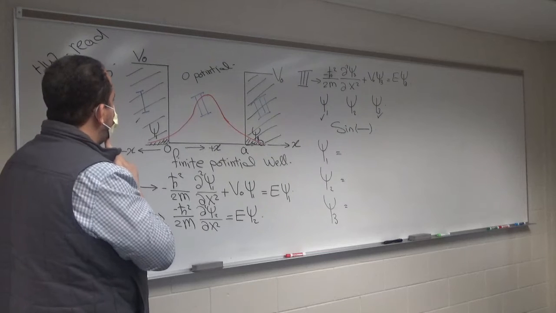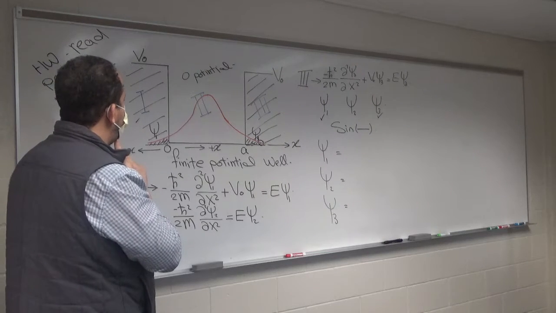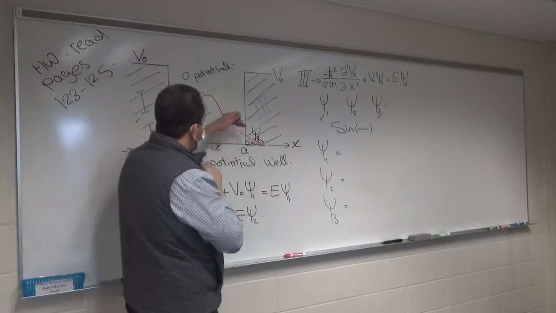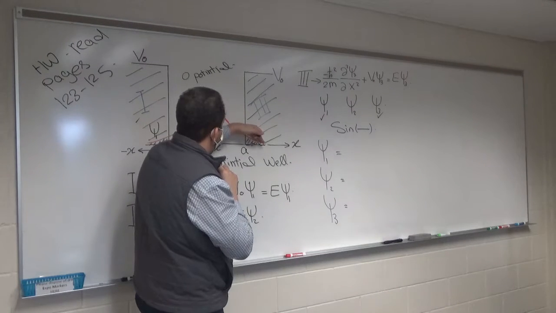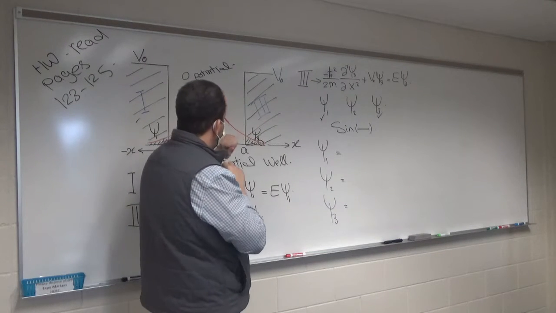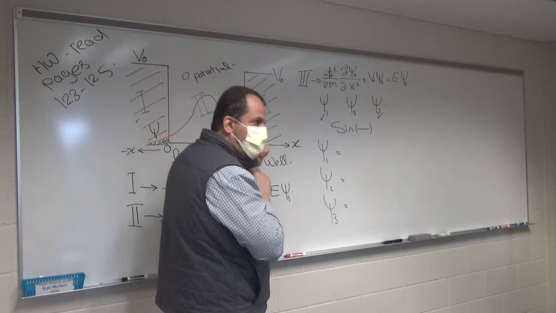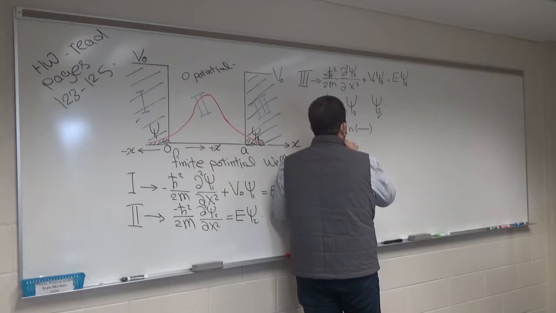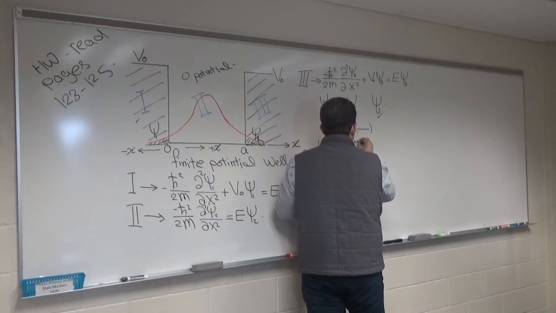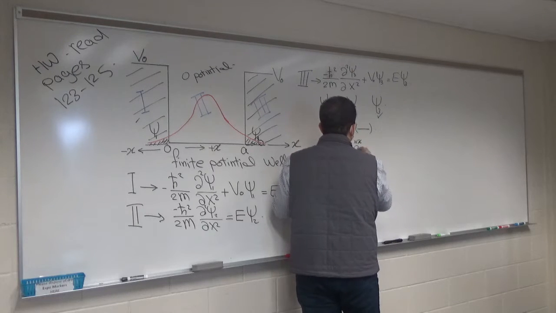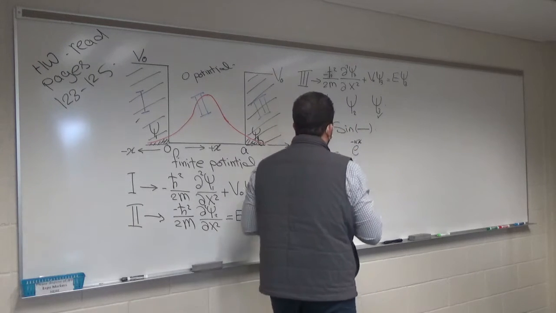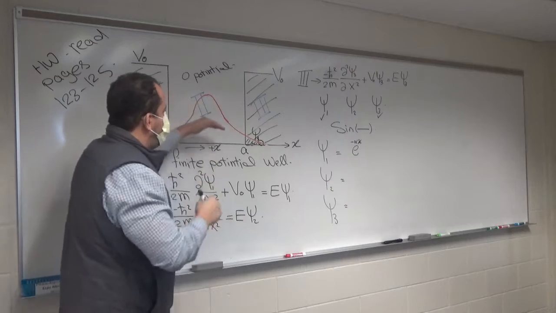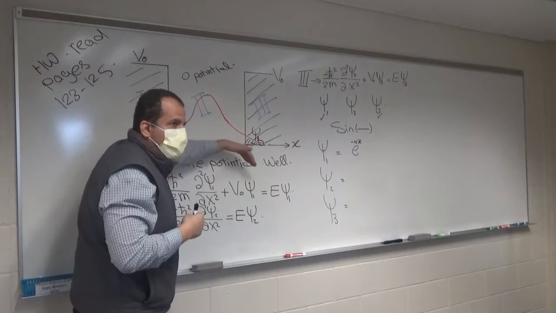We need to use a function that decreases if we increase x. It should be an exponential function, correct? So if we have exponential, maybe I will use alpha x right here and use a negative sign. So that's correct. If I increase x, this function will go down, correct?